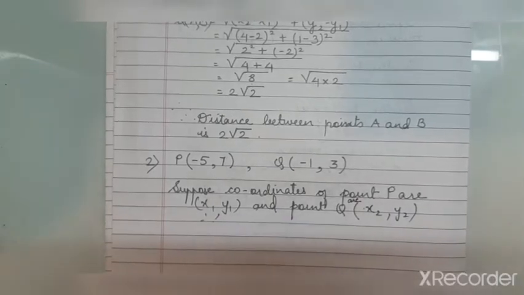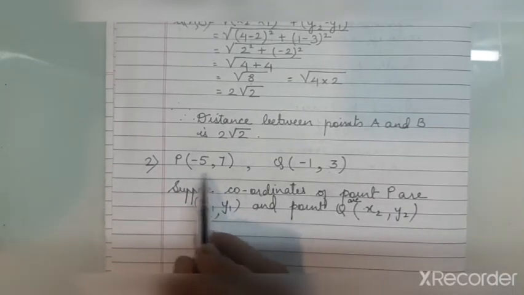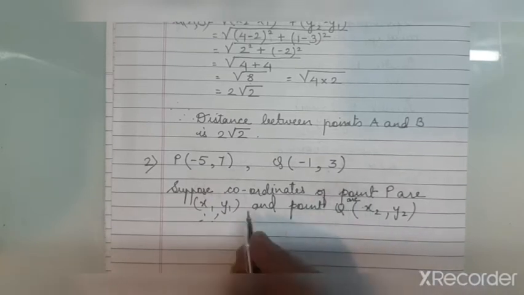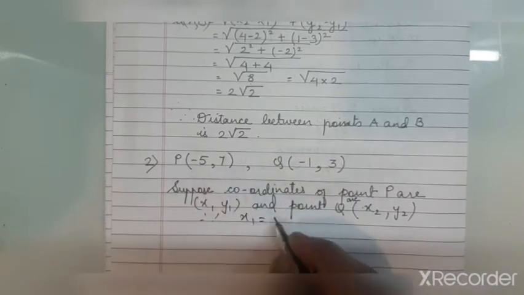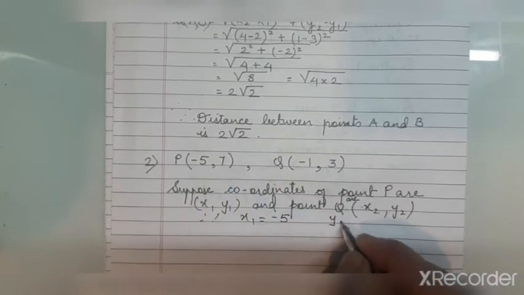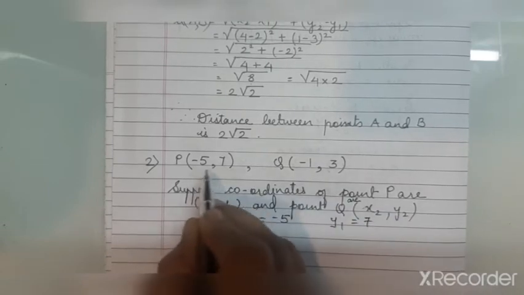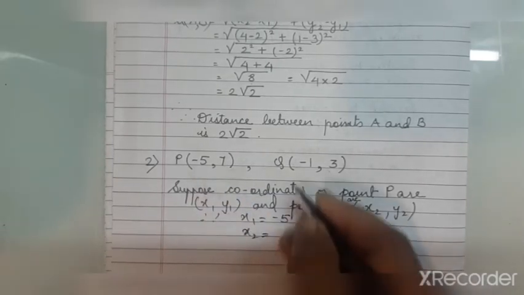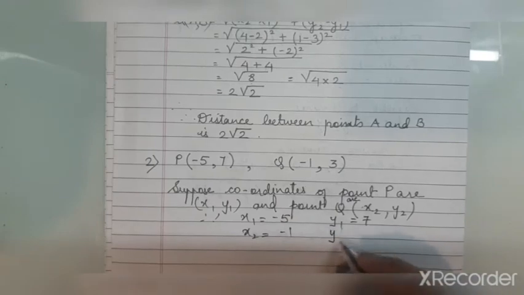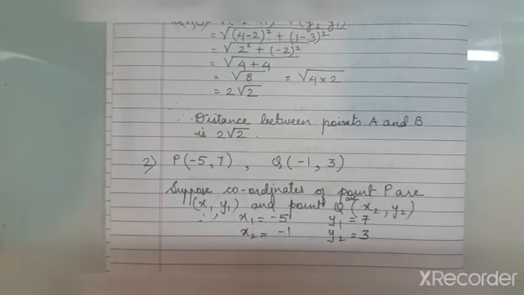Okay, in this case, if we have assumed P as x1, y1, Q as x2, y2, x1 will be -5 and y1 will be 7 and x2 will be -1 and y2 will be 3.